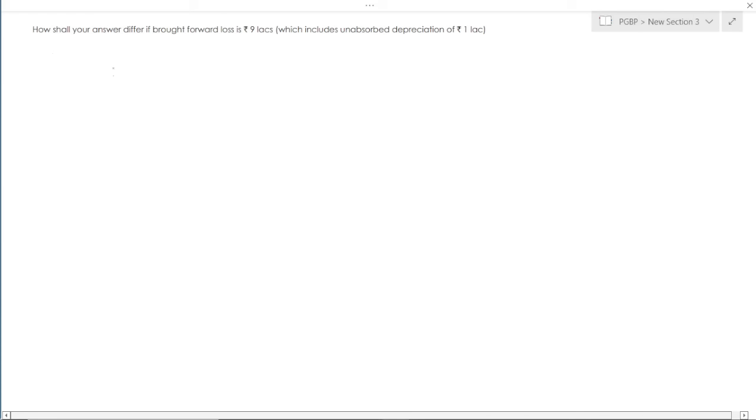Now, because 9 lakhs is the business loss, which includes 1 lakh unabsorbed depreciation, that means 1 lakh is unabsorbed depreciation and 9 lakhs minus 1 lakh, 8 lakhs, is the business loss.